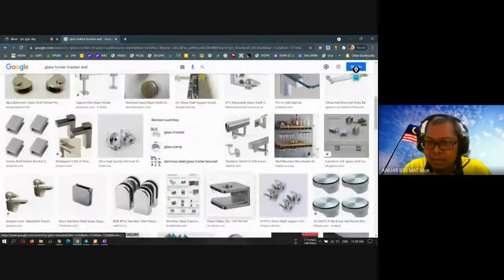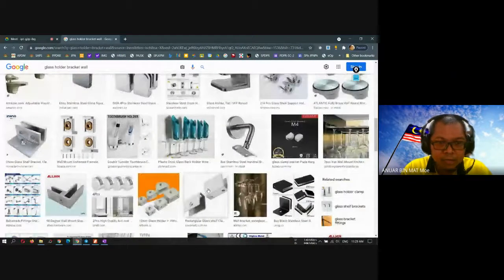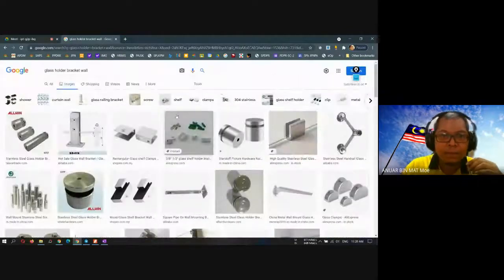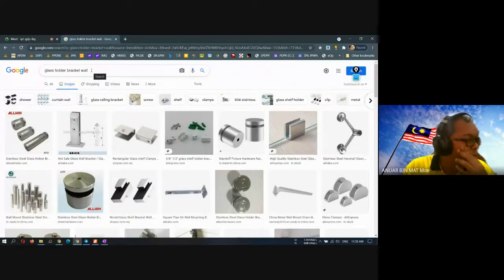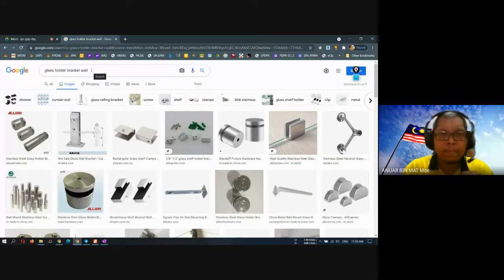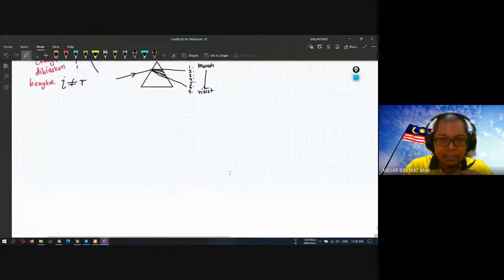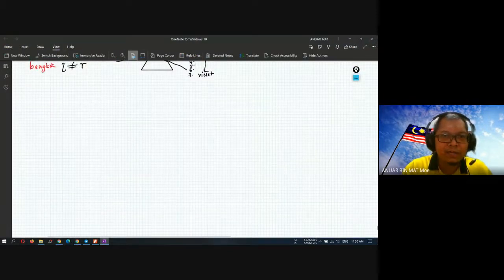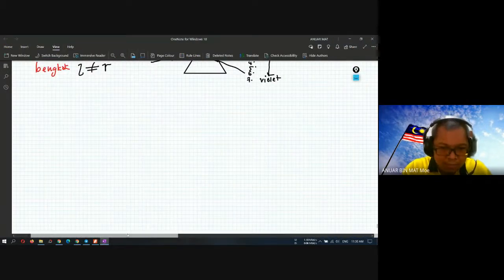What is the name? Class, you still remember? When you stick the bracket, we call it what? I forgot. I will try to draw you the picture. I already forgot the name of that thing.